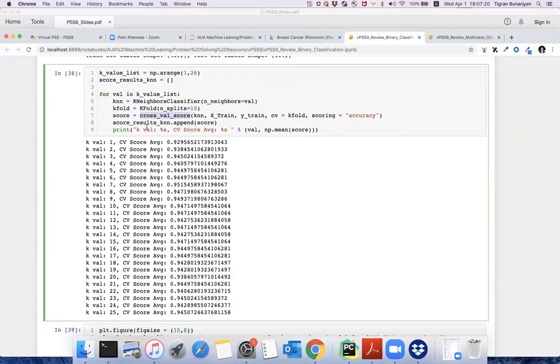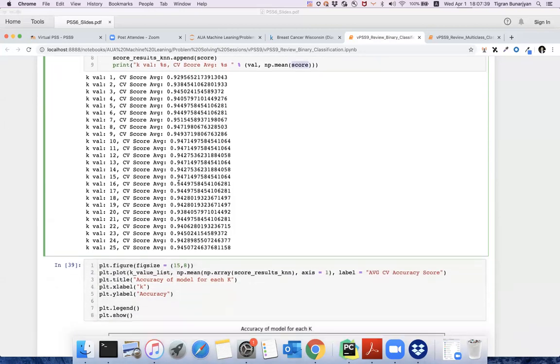And in here, while we print the value of k and the CV score average, that is the np.mean of these scores for each fold, we see that we have some accuracy scores in here, and we can see that k equal to 7 is the value of k that provides the highest average accuracy in here.